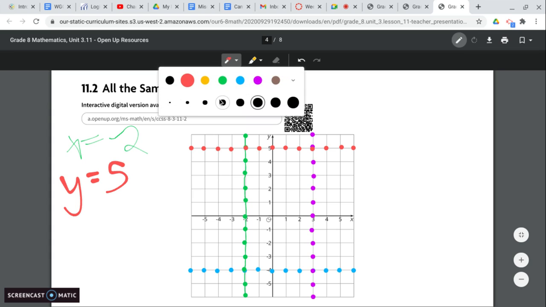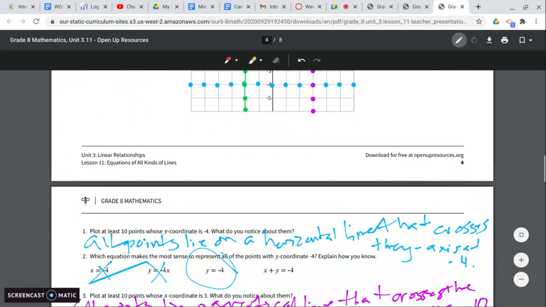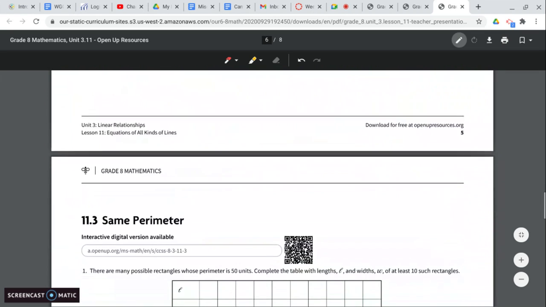It's going to cross the y-axis at 5. And like I said, it's a horizontal line because it's a y equals equation. So dealing with lots of different equations today. Equations is your keyword for this lesson. Equations. All right.